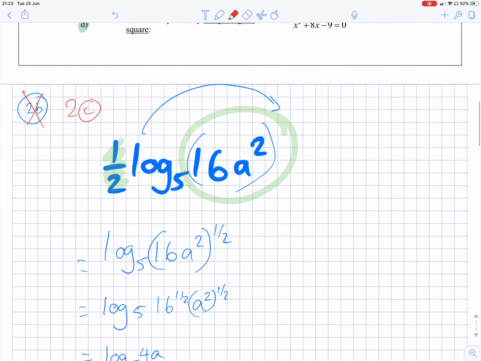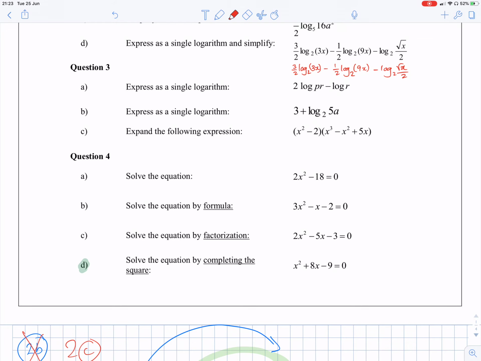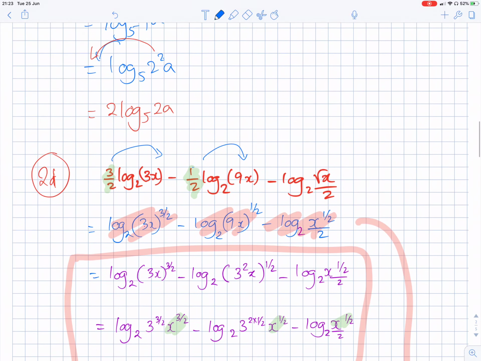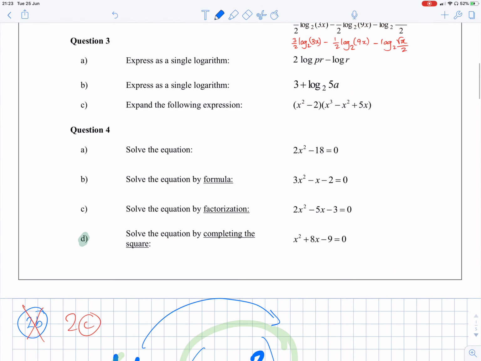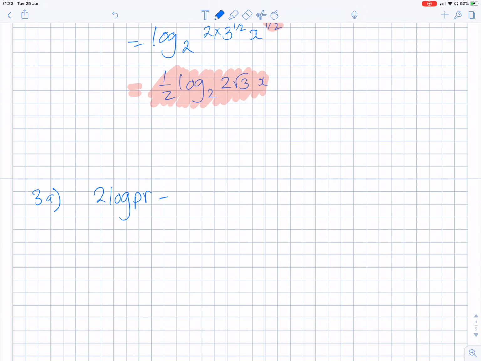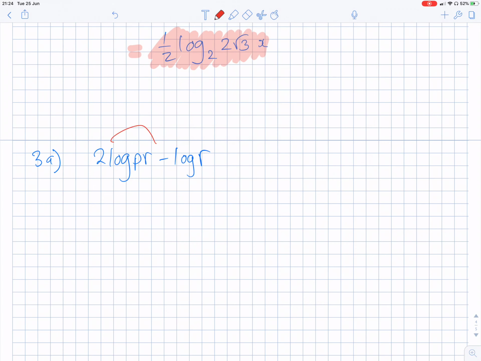So that's 2D done. Let's look at number 3. Number 3a is 2 log PR minus log R. The first thing you do is to bring this 2 to here.